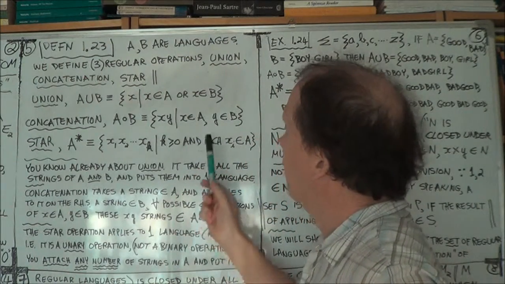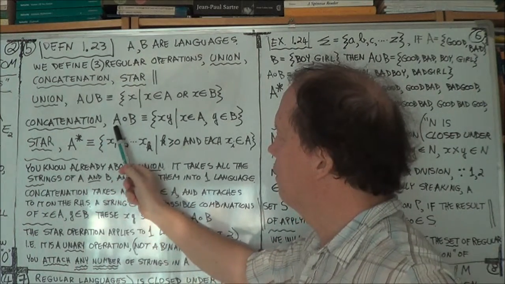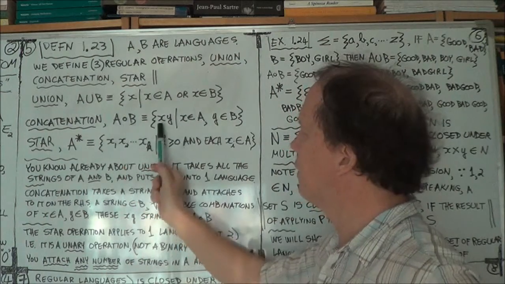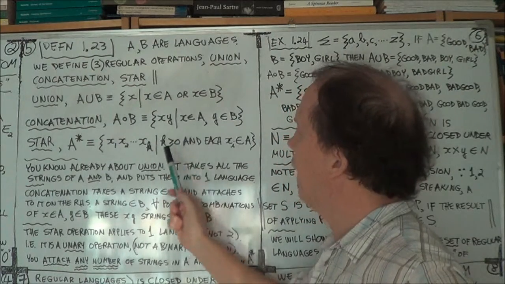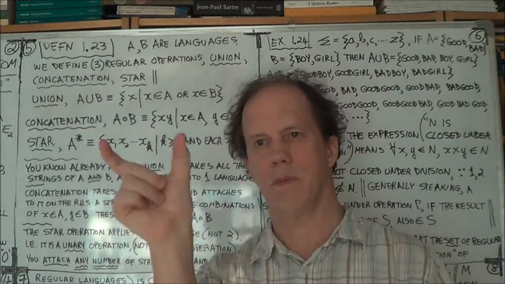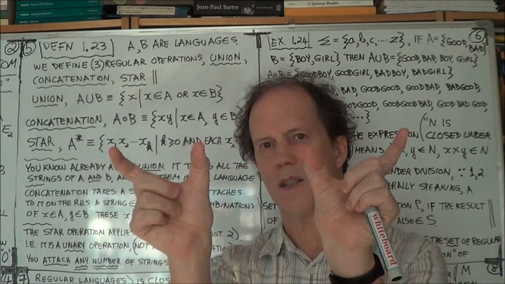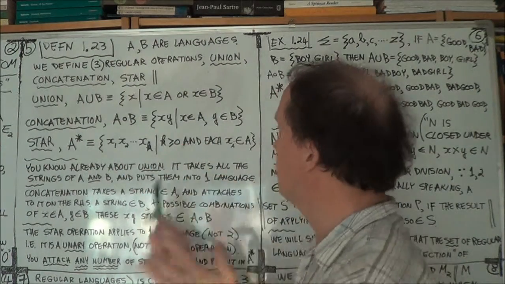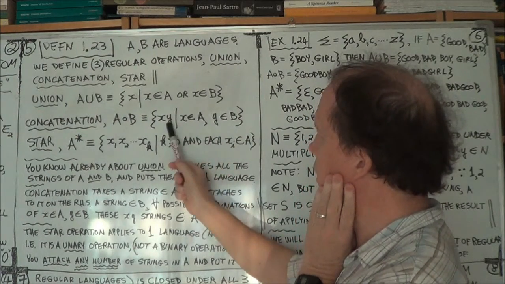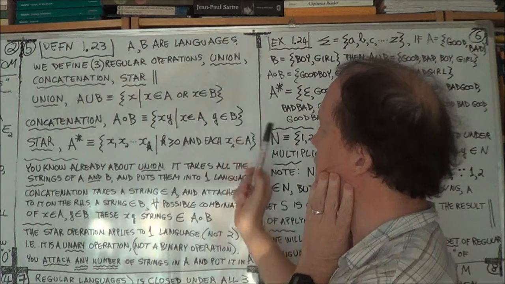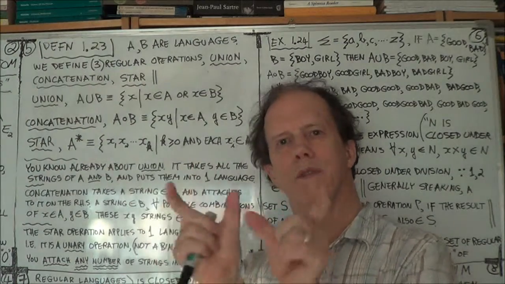Well, you take any string, any member of language A, call it x. You take any input string from language B, call it y, and concatenate those two. So that's your x, that's your y, and then you form this concatenated string xy, where x is any string belonging to language A, and y is any string belonging to language B, for all possible combinations of x and y.